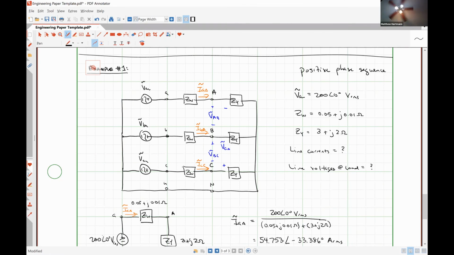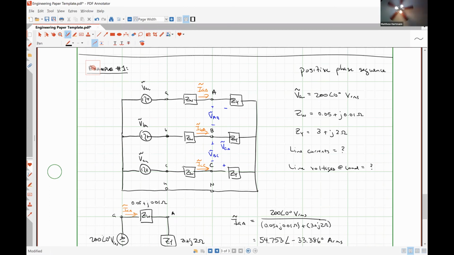In this class, I don't know that I ever actually give any problems that involve a negative phase sequence. Because again, it's just, is the generator spinning clockwise or counterclockwise? That's it. I mean, that's all positive and negative phase sequence really means. So as long as you're consistent, it doesn't particularly matter.